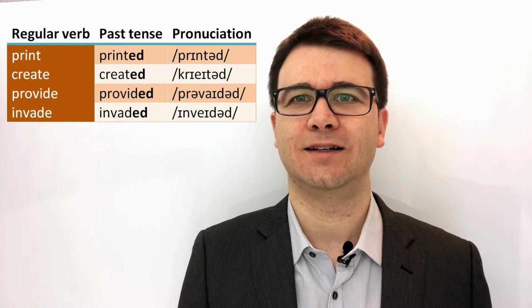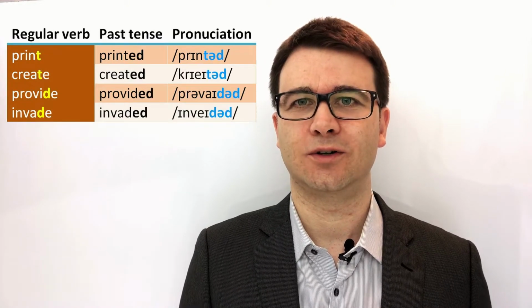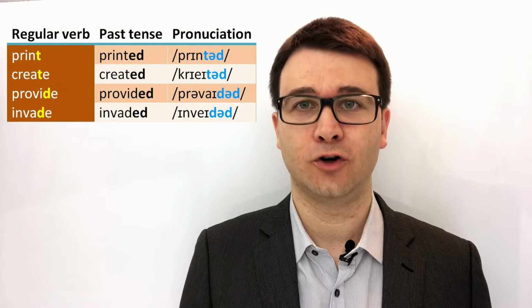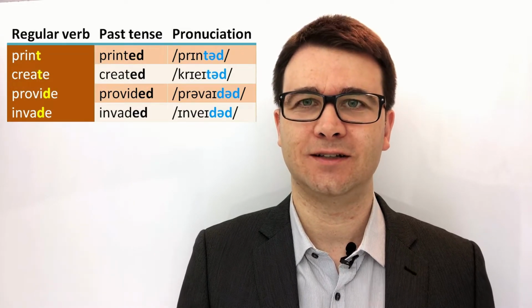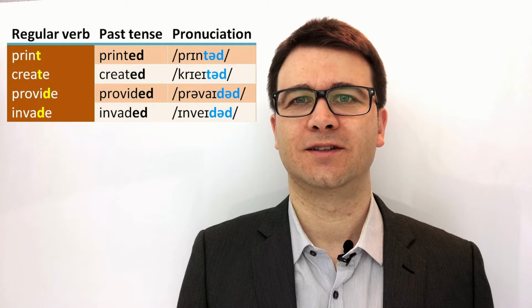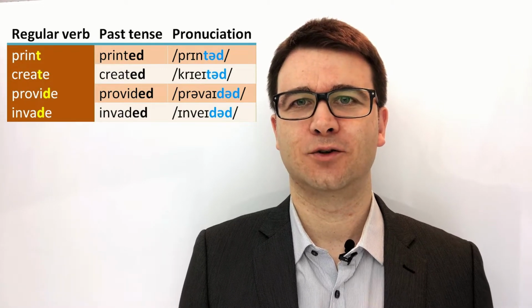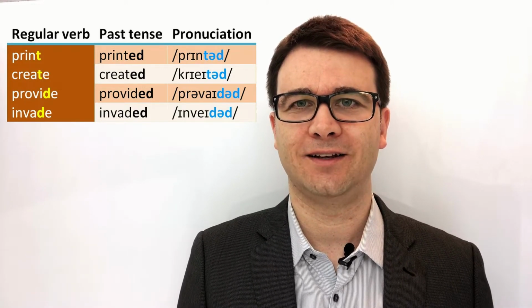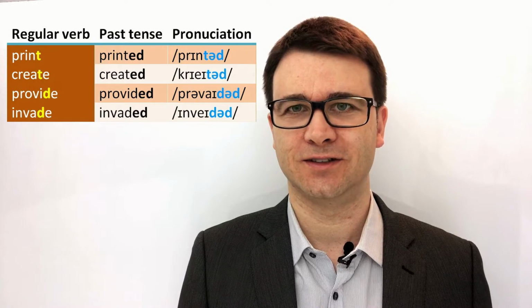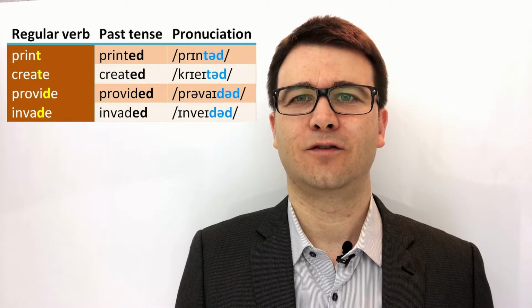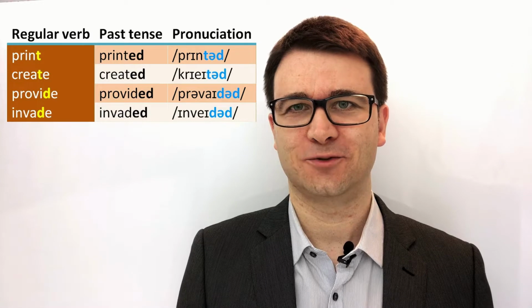You just add ed and pronounce it tid or did, depending on whether the verb ends in a t or a d sound. The problem is, this rule only applies to regular verbs that end with a T or a D sound, such as those examples I just gave you. For other verbs, it's wrong to apply this rule.